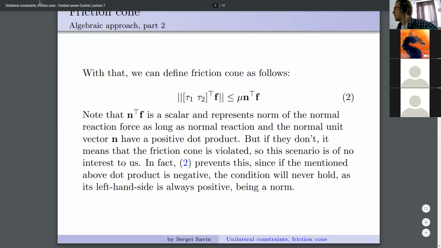We don't have to have two scalars multiplying tau1 and tau2. We can just as well keep those two scalars. So tau1, tau2 transpose F is a two-dimensional vector, and we can just as well take the norm of this. That's what we have in expression 2. I hope it is at least a little bit clear. Is it? Any questions?